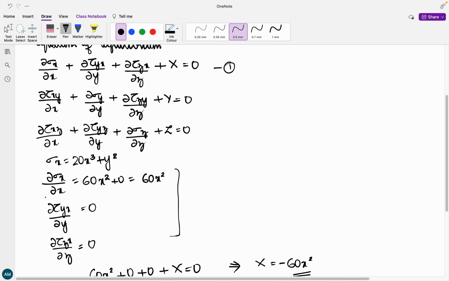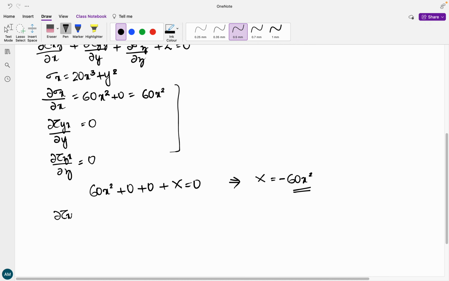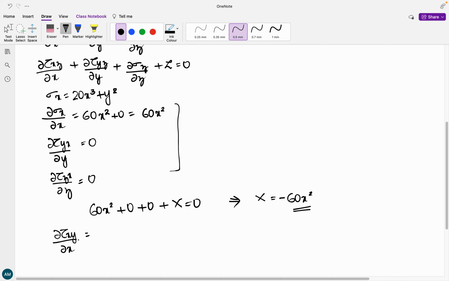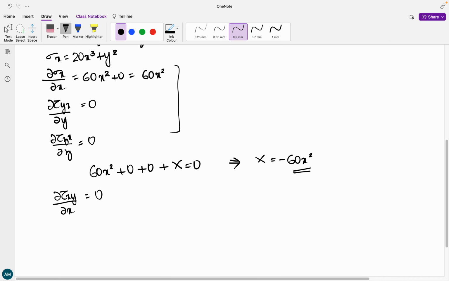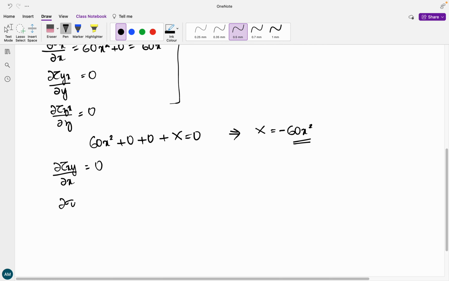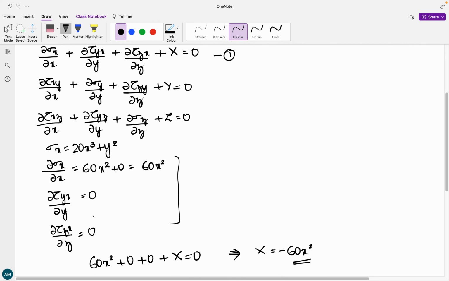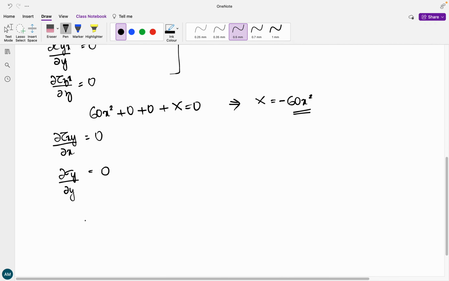Next, let us take up the second equation, dou tau xy by dou x. What is the value of tau xy? It is z. If you differentiate it with x, it is 0. Next, dou sigma y by dou y. What is the value of sigma y? Sigma y is 30x cube. 30x cube differentiated by y is again 0.